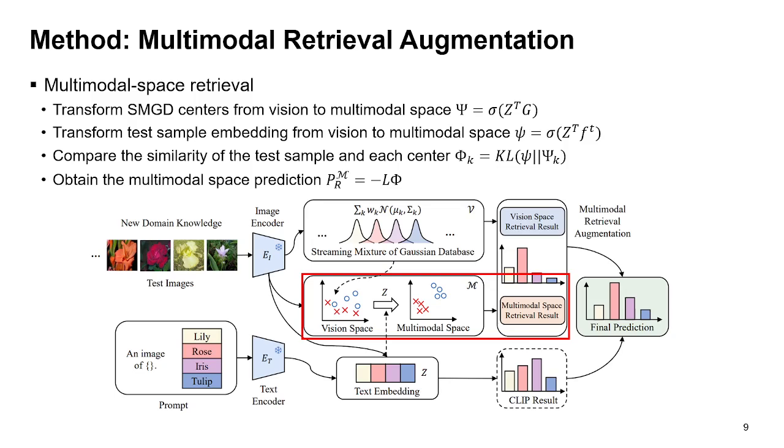Then we apply KL divergence to calculate the similarities between the new test embedding and each center in the multimodal space, and take the negative of the KL divergence as our prediction. Our final prediction is a combination of the CLIP prediction, the vision space prediction, and the multimodal space prediction.